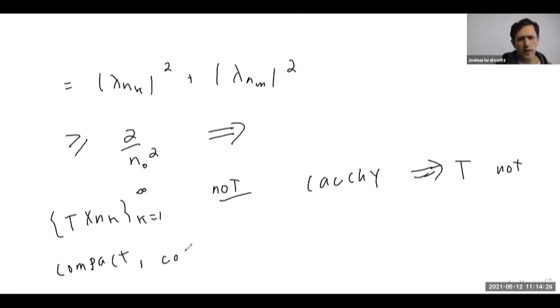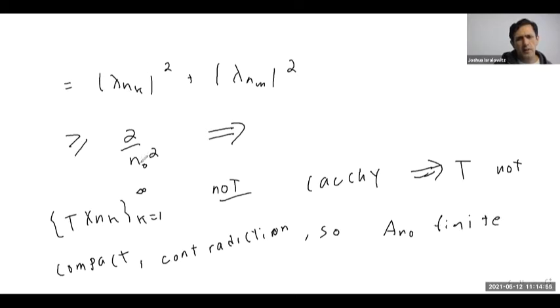We're really proving the contrapositive: if A_n is infinite, then T is not compact. And so this has to be finite.